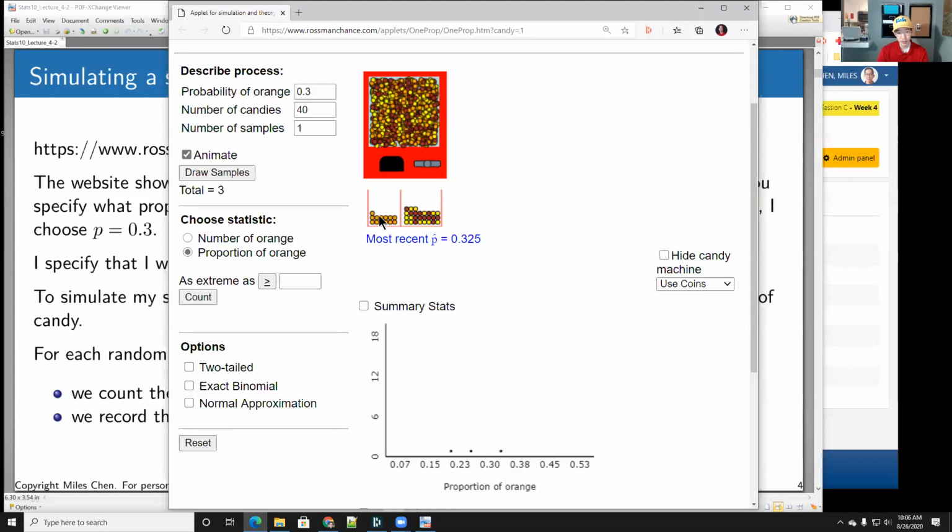This time we get 13 pieces out of 40 that are orange, and 13 divided by 40 is 0.325. We're going to put a dot at 0.325, okay?